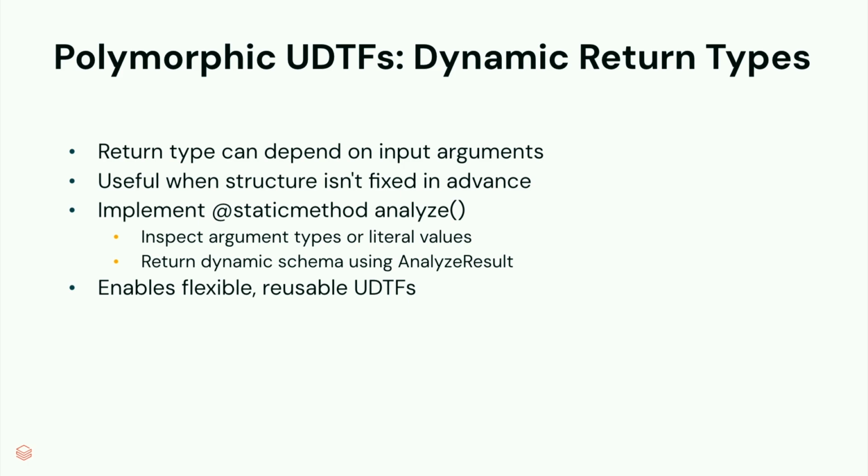For example, the number of output columns might depend on a parameter value, or the type of the output might depend on the input type. To enable this, you define a static method called analyze inside your UDTF class. This method receives argument metadata and returns the output schema as an AnalyzeResult object. Note that if you define the analyze method, the return type previously passed to the @udtf decorator should be omitted because it will be determined later. We'll look at an example of that next.